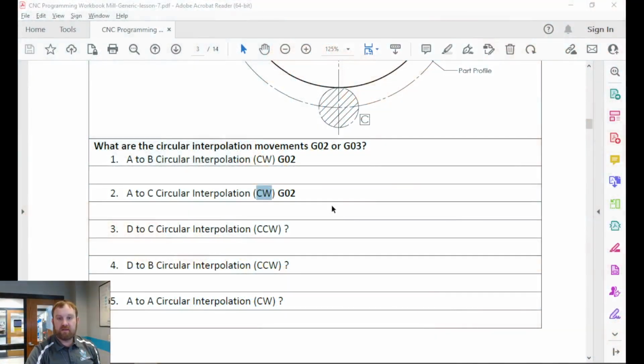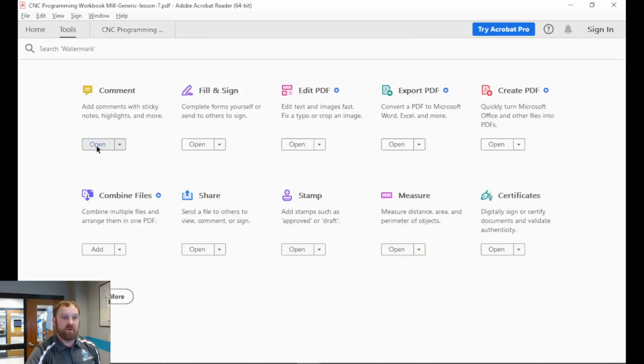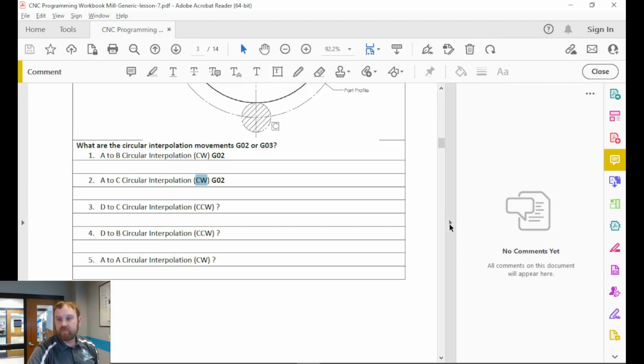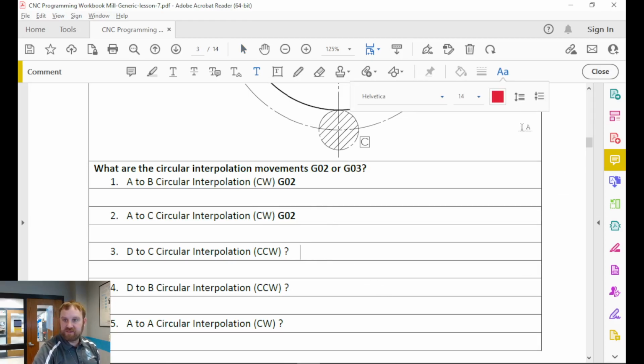All right. Let me get my little thing so I can fill this in with you while we work through them. Okay. On number 3 there, Reagan. Counterclockwise, what's going to be? G2 or G3? G3. Come on. There we go.